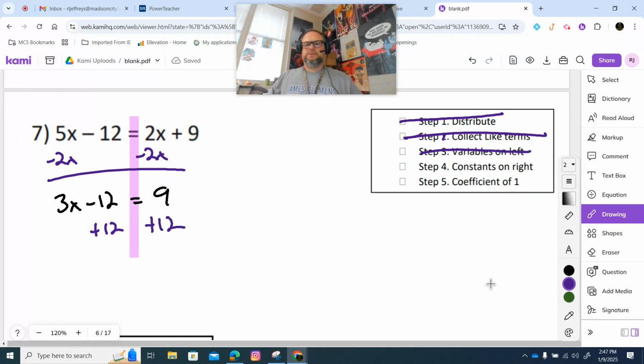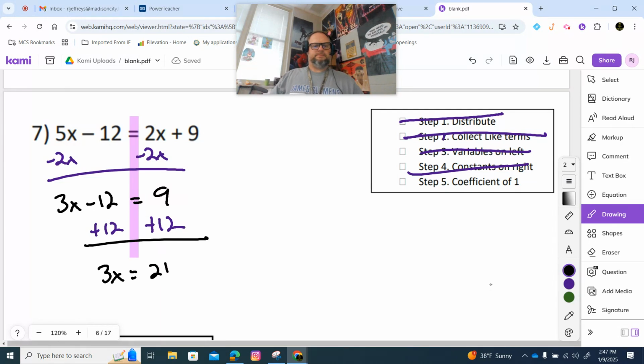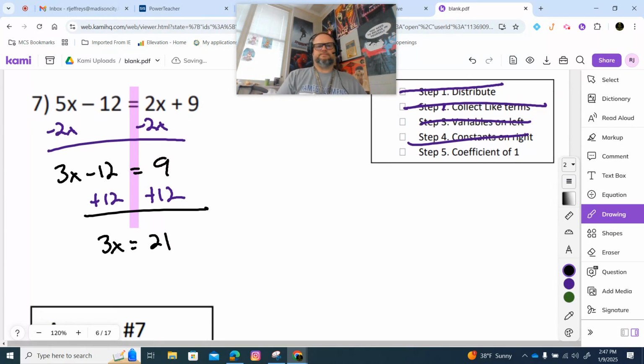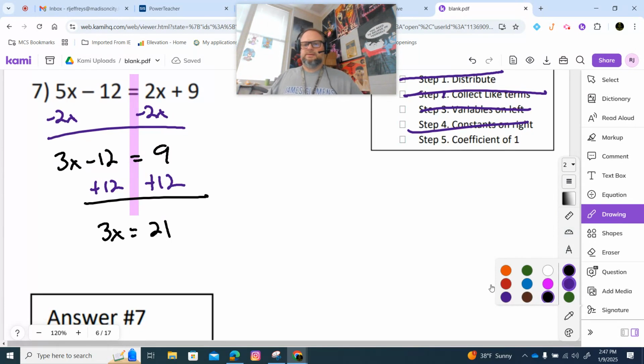Constants on the right. Coefficient of 1.